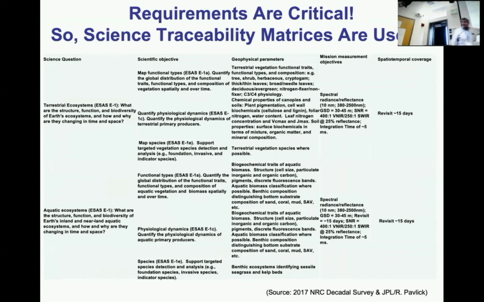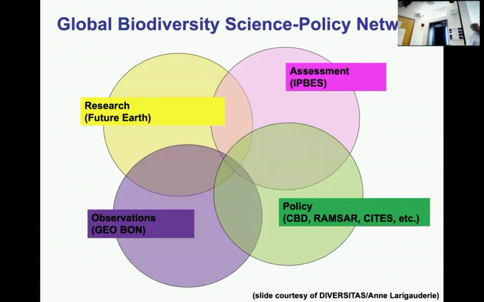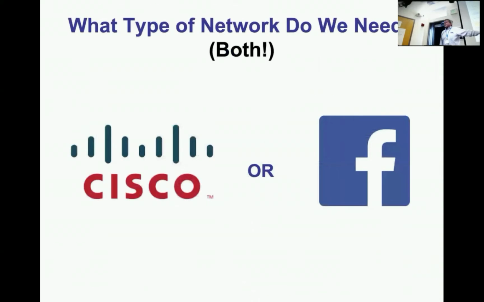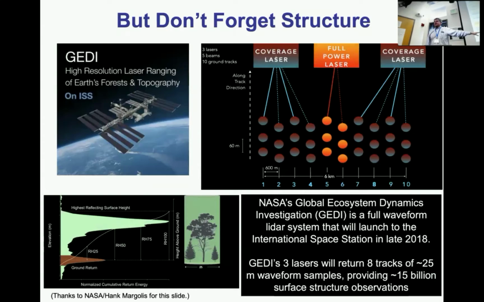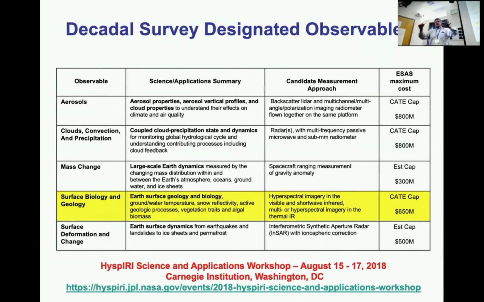So that's where it all starts, and what we're going to be doing at this meeting coming up, which I meant to mention, sorry, I blew right by it. There's a meeting, there it is, August 15th to 17th at the Carnegie Institution in DC, that hopefully many of you will be at, where we're going to start defining what this is going to be.